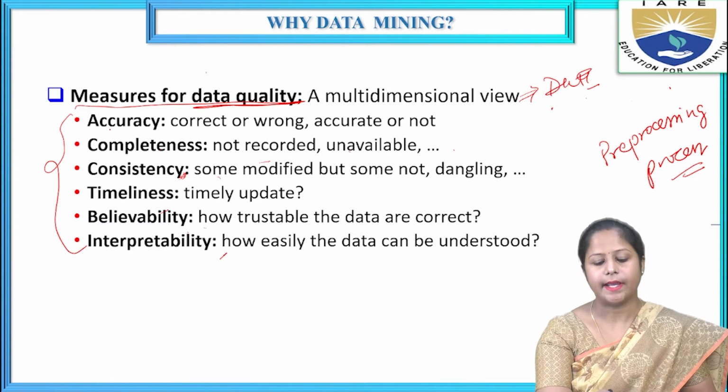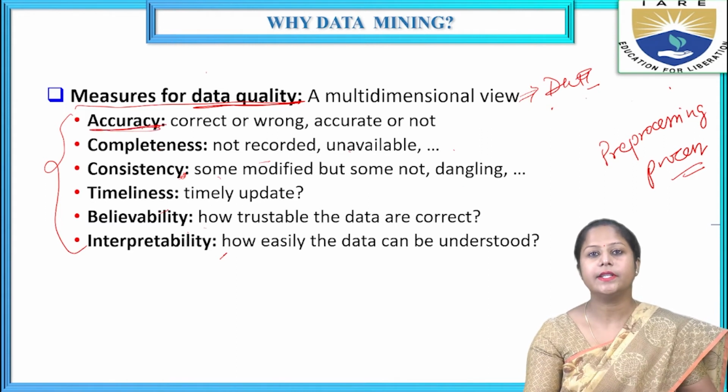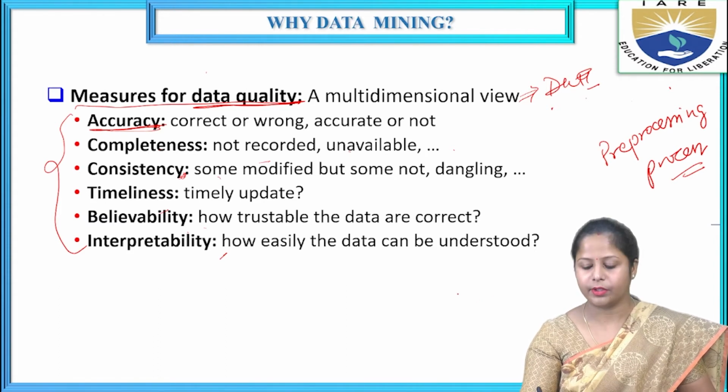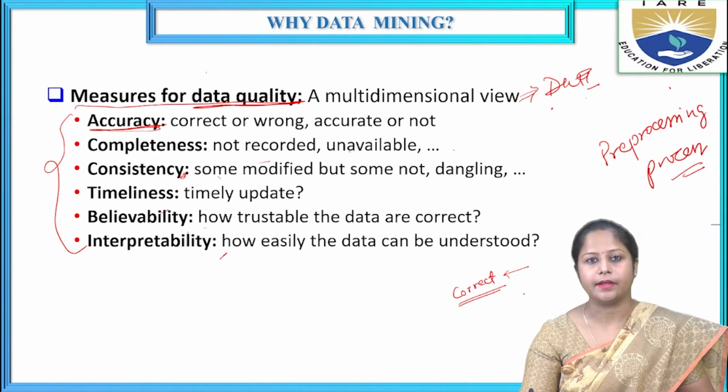We will check accuracy. So what is accuracy in terms of data? Whether the data we have taken for the preprocessing is correct or not. The data we are going to use should be correct, because there may be some type of mistakes in it.